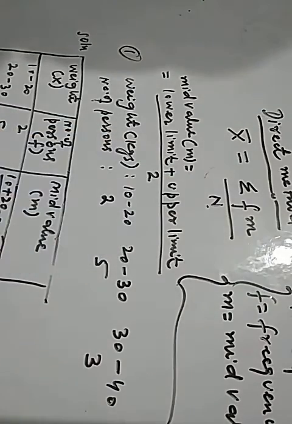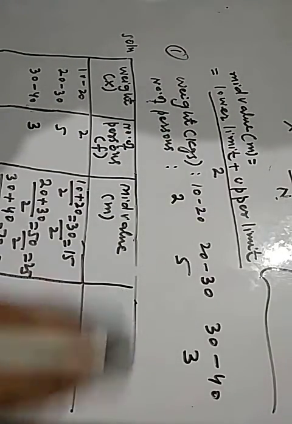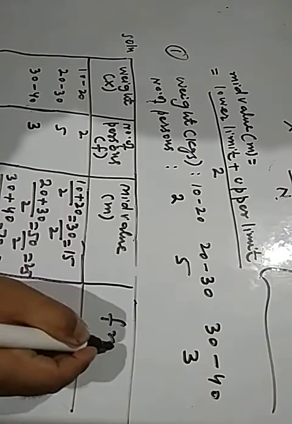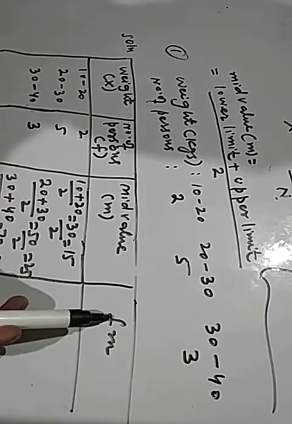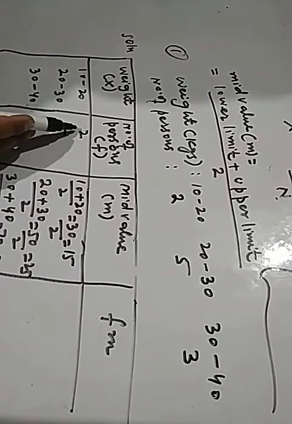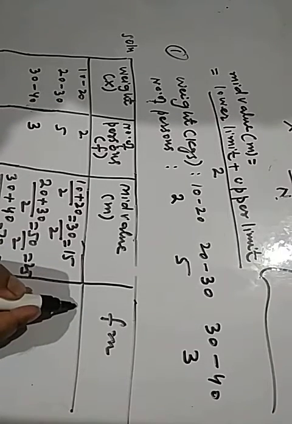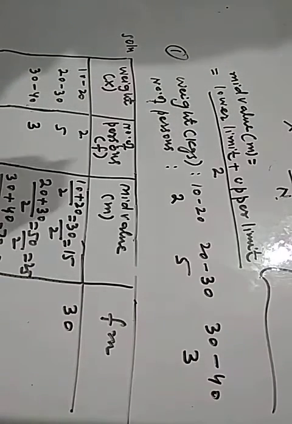And the next column, as per the formula, will be f multiplied by m, that is fm, the value of frequency multiplied by the mid value. The frequency is 2 and the mid value is 15, it will be equal to 30.